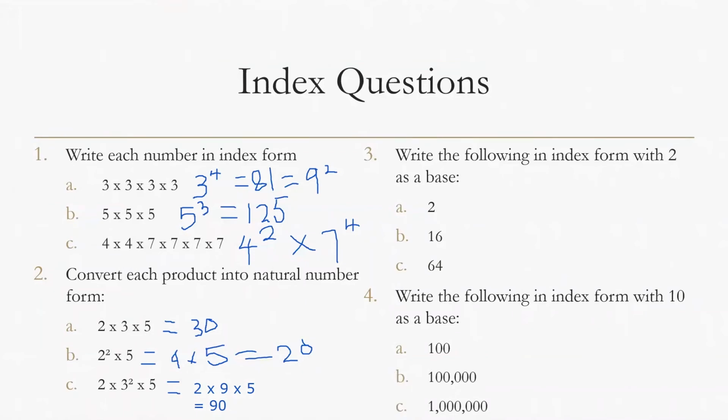Okay, good job. Now for number 3, I want you to write the following in index form with 2 as a base. Keep in mind, 2 as a base. Shania, is that how you say your name? I saw you raise your hand earlier, so do you want to give this a try? I'm not sure I get it though. Index form? Okay, let's take a look at the table again.